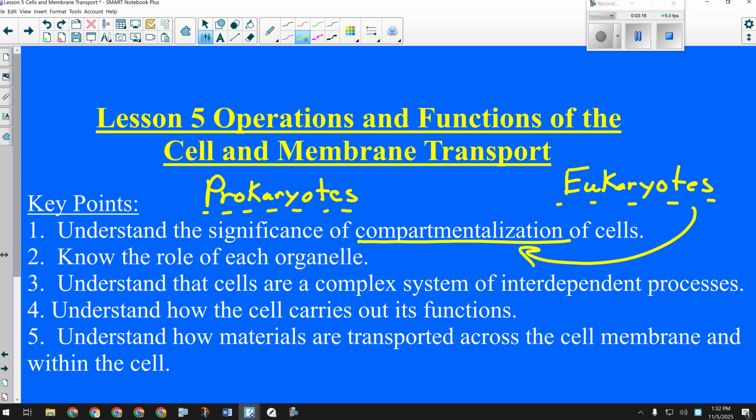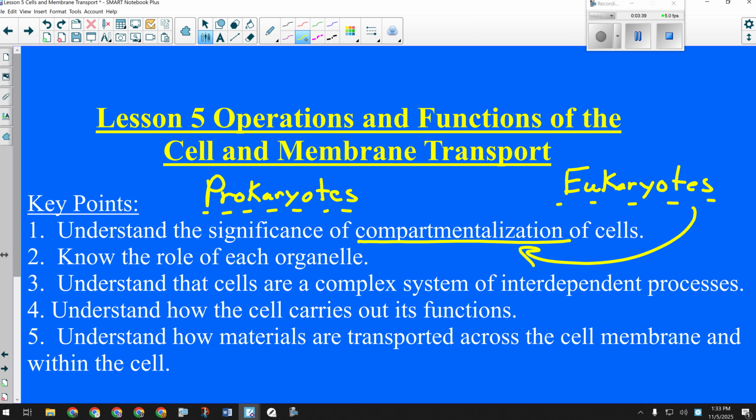Okay? There are two kinds of cells, or classes of cells. Prokaryotic cells, prokaryotes, and eukaryotic cells, or eukaryotes. Okay? Only eukaryotes have compartmentalization.